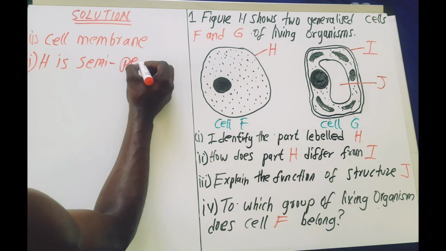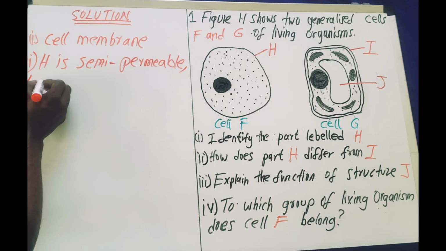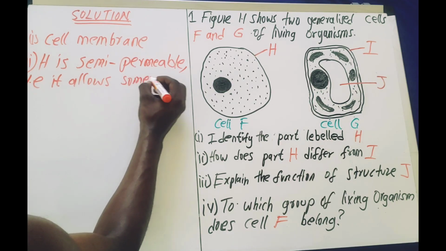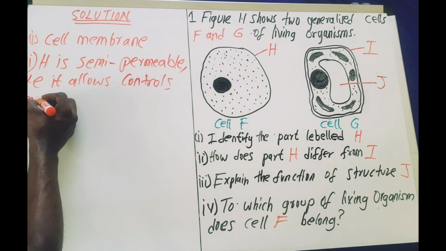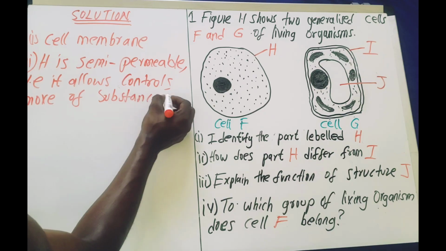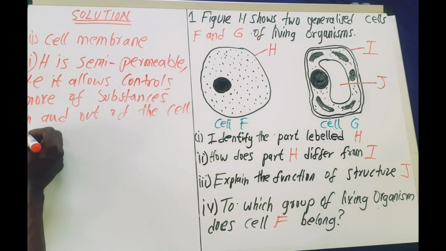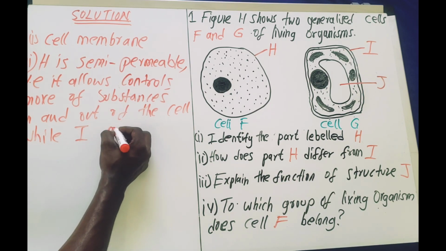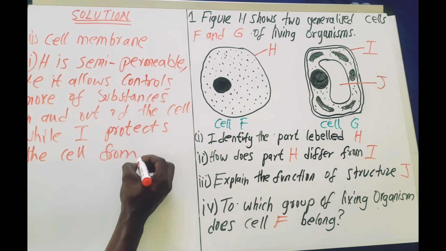Semi-permeable. That is, it allows, or we can say it controls movement of substances in and out of the cell, while part I provides or protects the cell from damage.